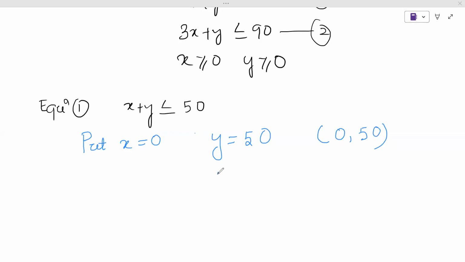If you put y value as 0, what is x? That is also 50. So this vertex is (50, 0). This is the first line equation. Next, 3x plus y less than or equal to 90.